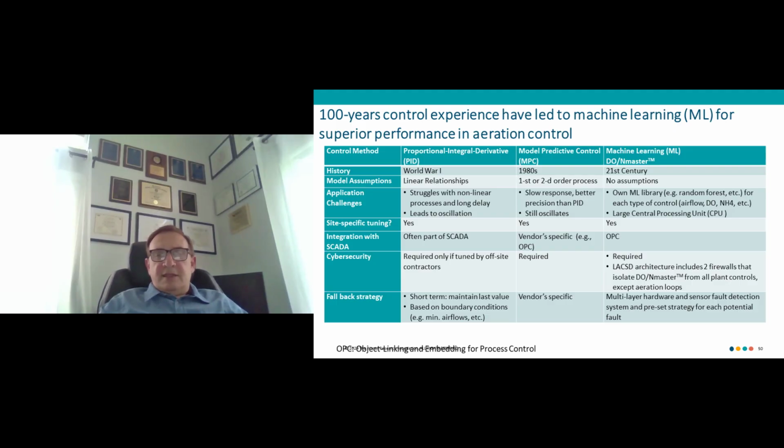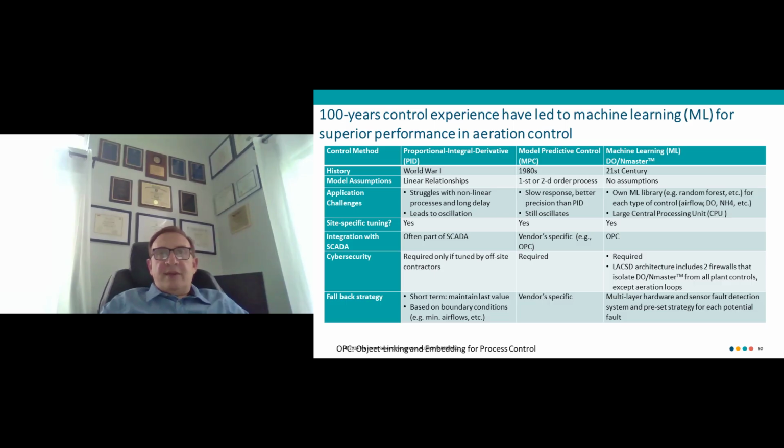At the end of the 80s, practitioners and researchers decided to try a different method called model predictive control, or MPC. This method approximates the process using differential equations rather than linear equations, like the PID does.